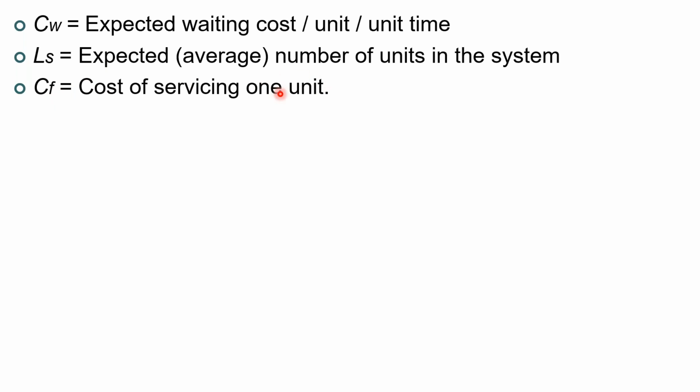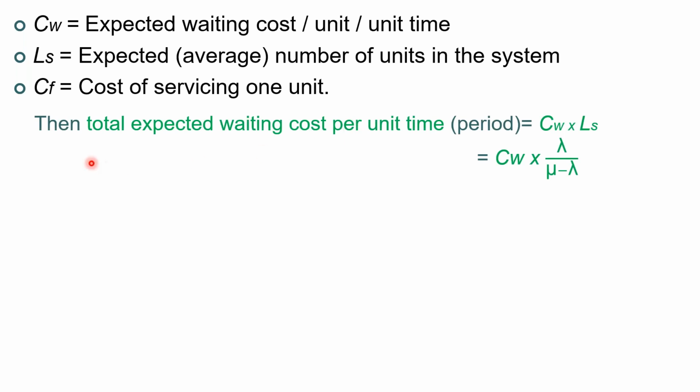Now unit here means your customer, so CF is the cost of providing service to a customer, and LS is the expected number of customers in the system. Then the total waiting cost per unit time for that particular period will be given by the multiplication of the expected waiting cost with the number of customers in the system, that is CW multiplied by LS.